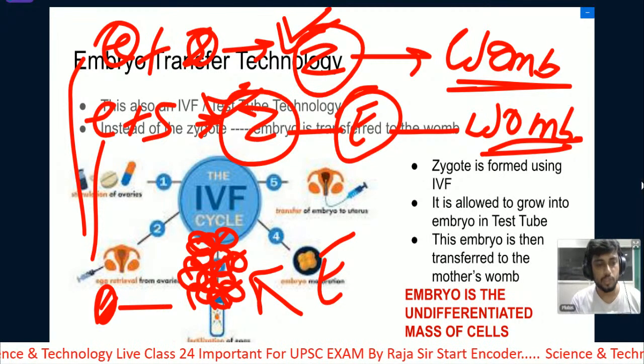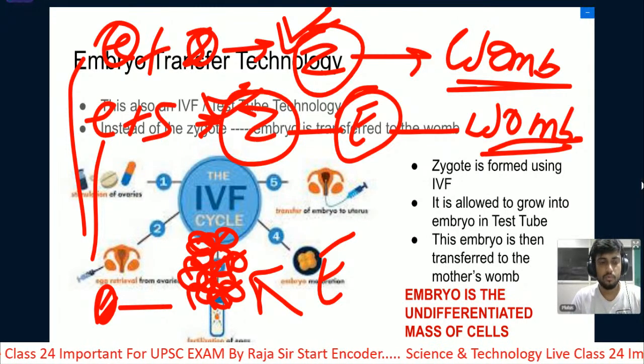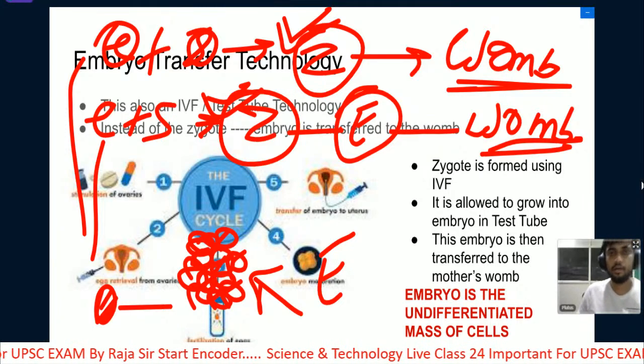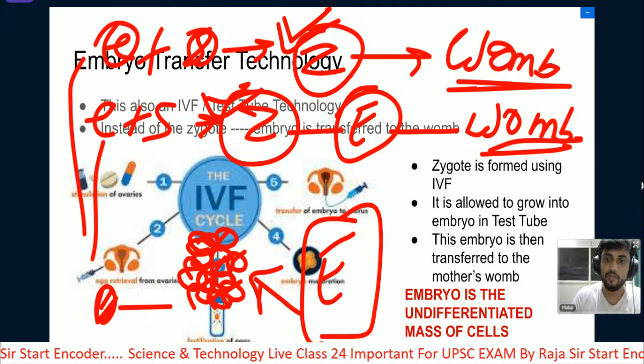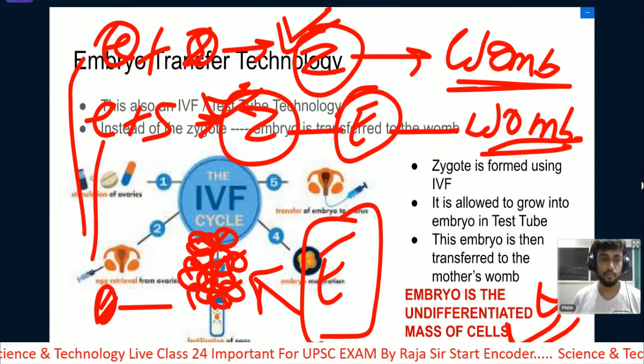There will be mitosis in the zygote. The zygote will divide. This mass of cells is known as the embryo, and this is the undifferentiated mass of cells. All cells are alike in the embryo.